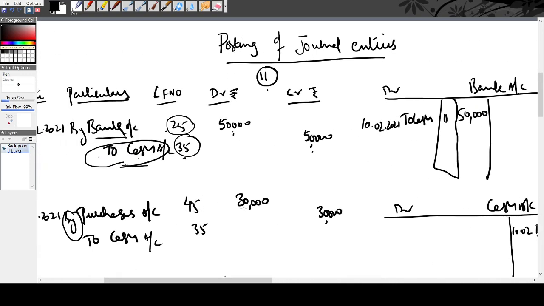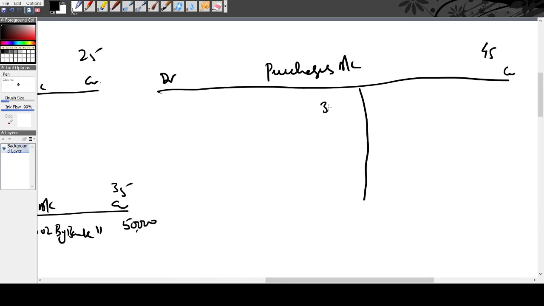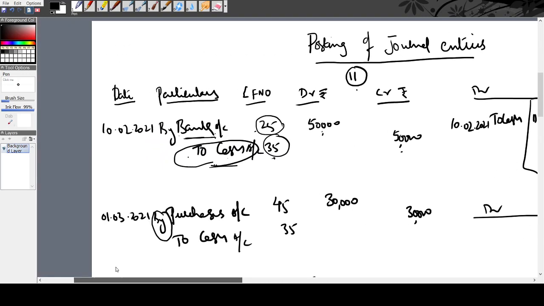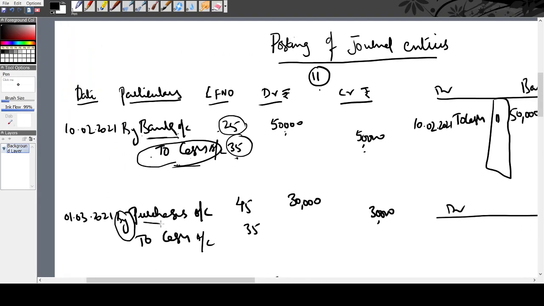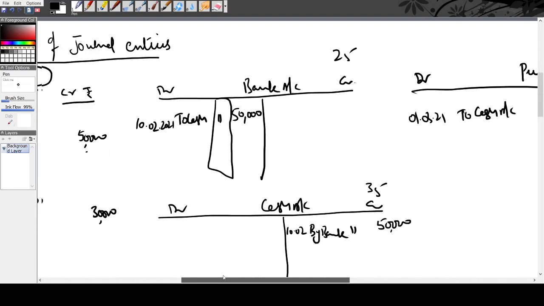Purchase account has to be debited with 30,000. So I'll write 30,000 in the debit side of the amount column. And in this journal entry, purchase is in debit, opposite of debit is credit. So I have to write to cash account in the ledger. The date was 1st March 2021 and this is the JF number column. So I'll write here page number 11. Okay, so this is how I post it in the purchases account.